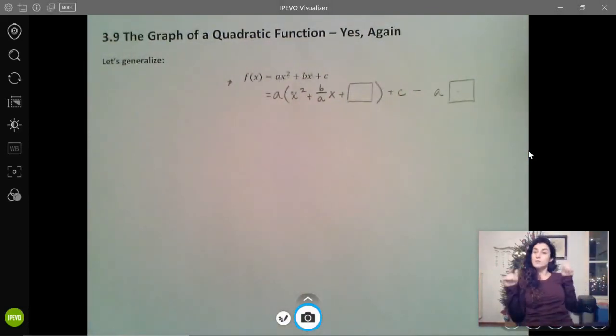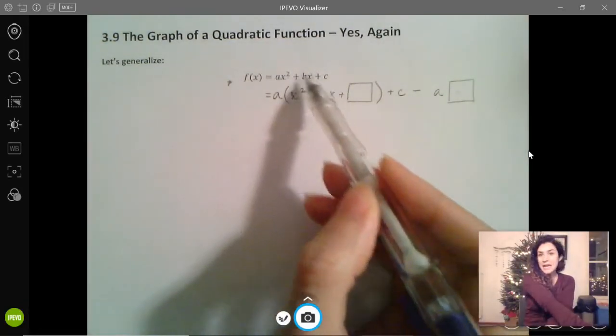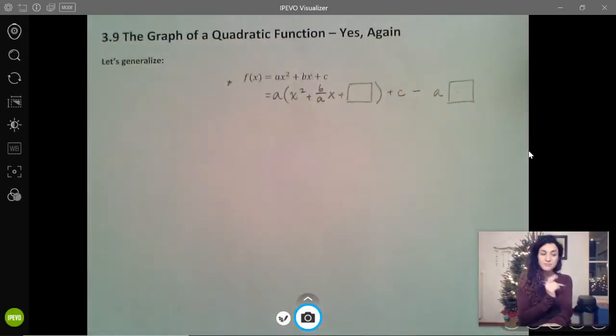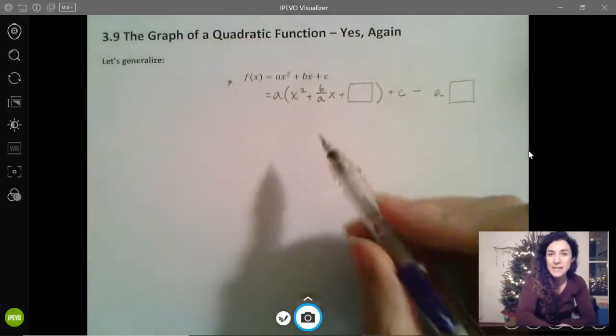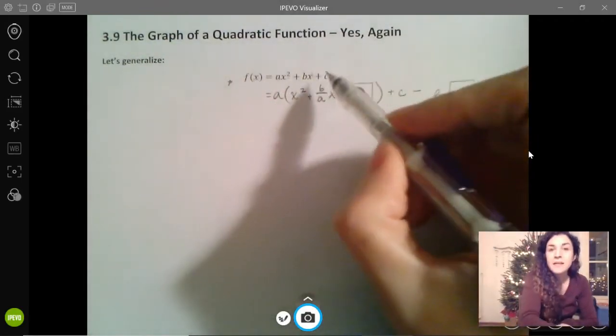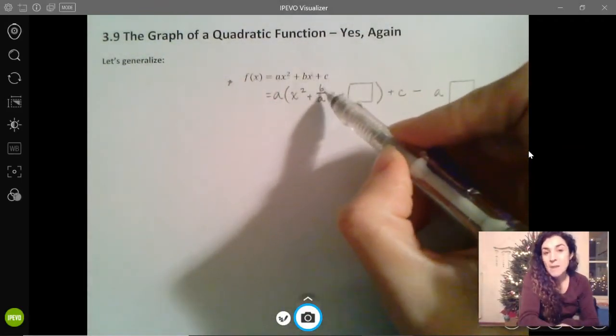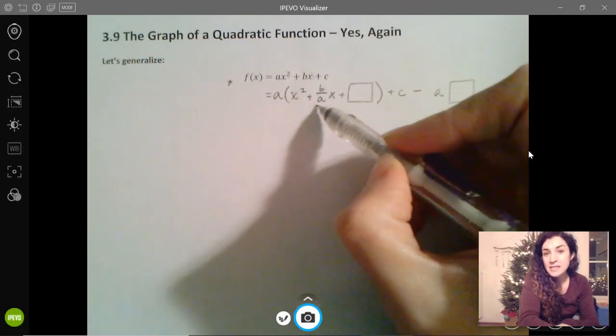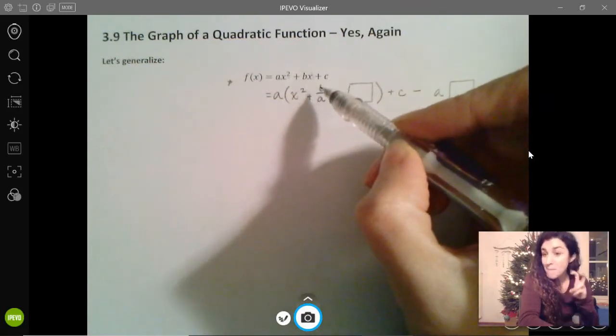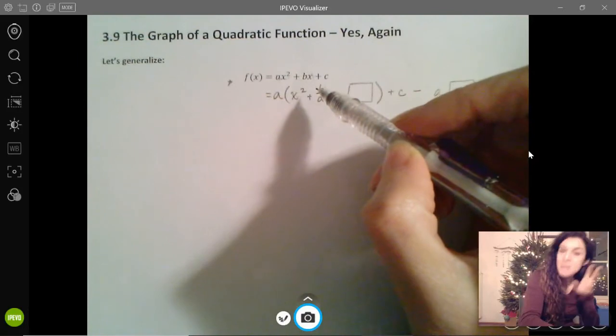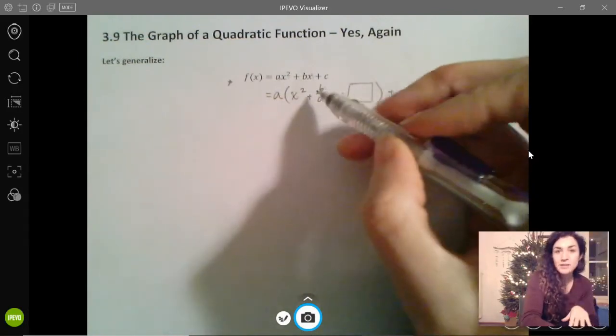Okay. So I've set up a space for me to be able to complete the square. What I needed to do first in order to set that space is that I first factored out A and brought it outside. Now, my next step, and that's a B, not a 6, is to take this number right here, divide it by 2, and then square it.